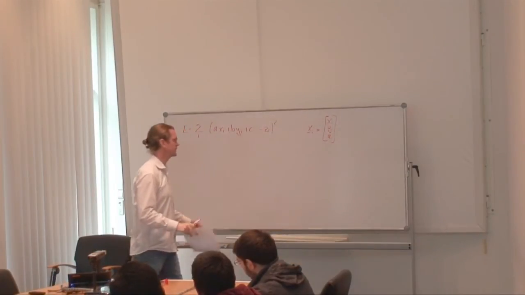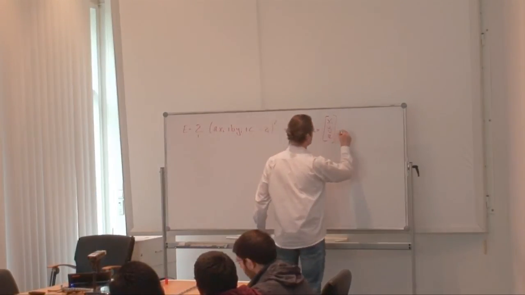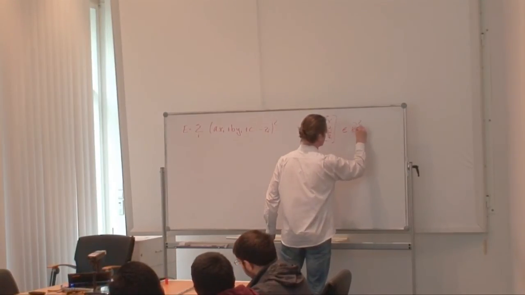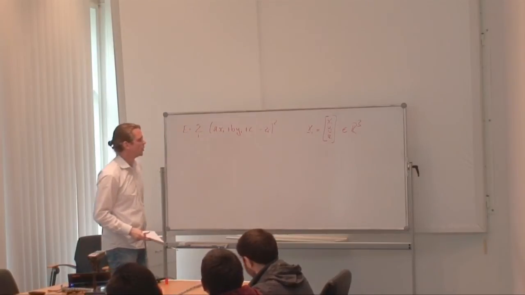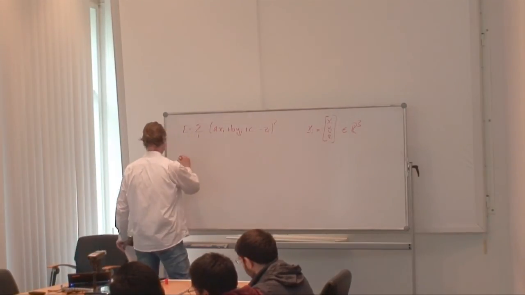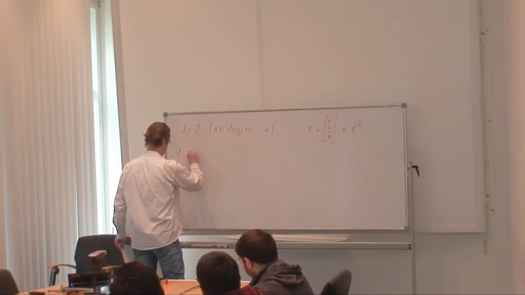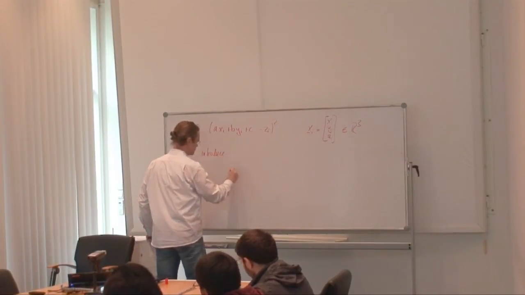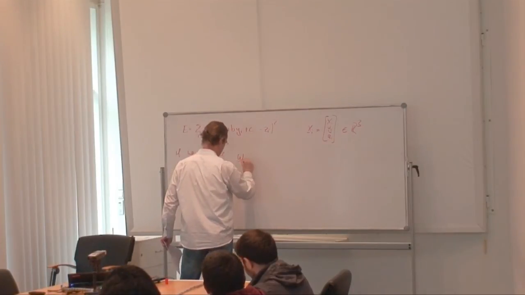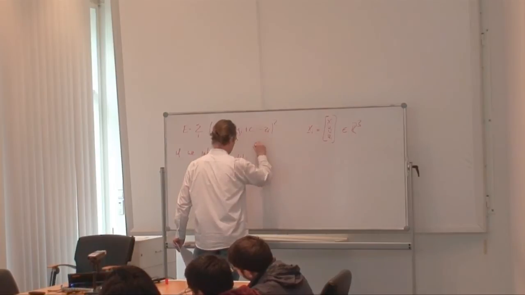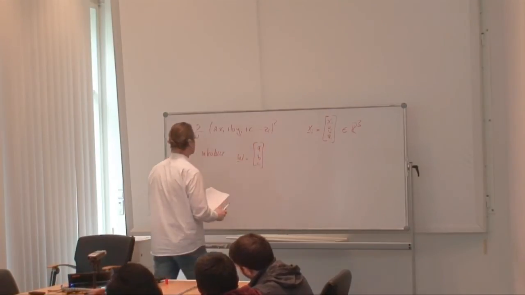This is a three-dimensional vector. If we introduce a vector w with components A, B, and C.